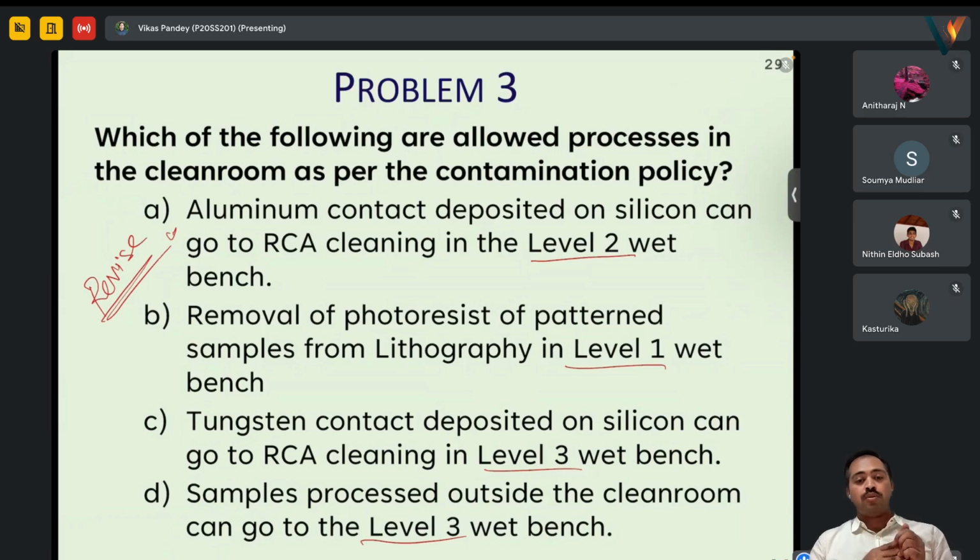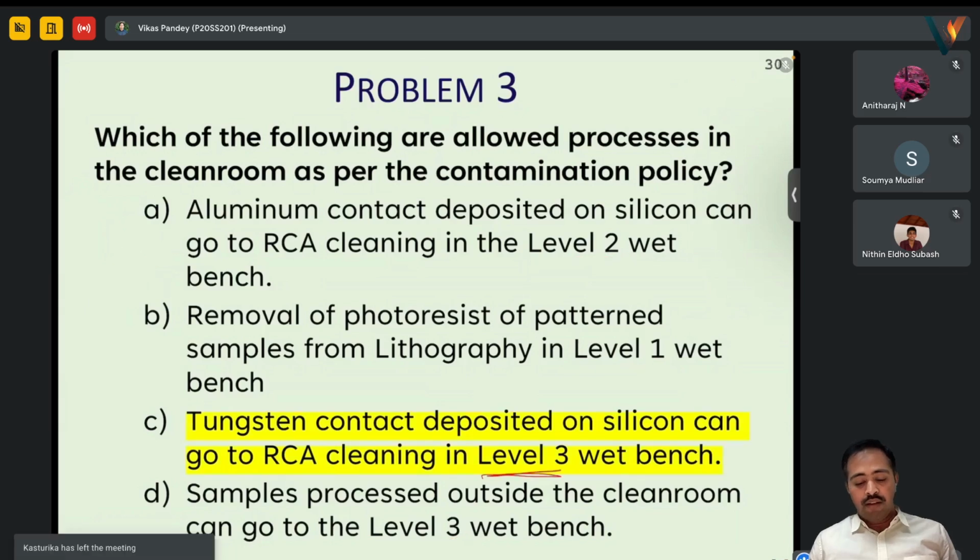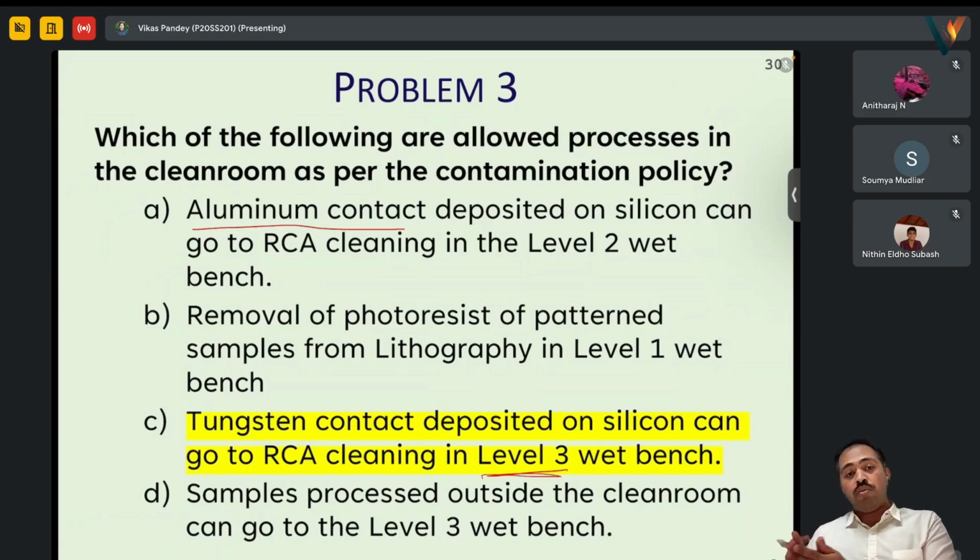In this case you can see that a tungsten contact deposited on silicon can go to an RCA cleaner level 3, whereas an aluminum contact deposited on silicon cannot go to a level 2 wet bench directly, because this deposition is generally done in a level 3 area.